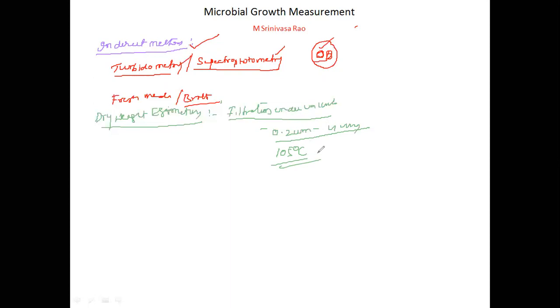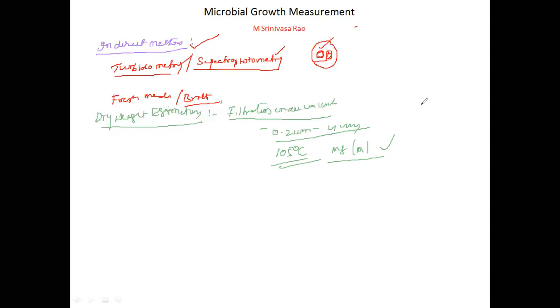After that it gets desiccated, and it is expressed in milligrams per ml. Means here, it is very simple.